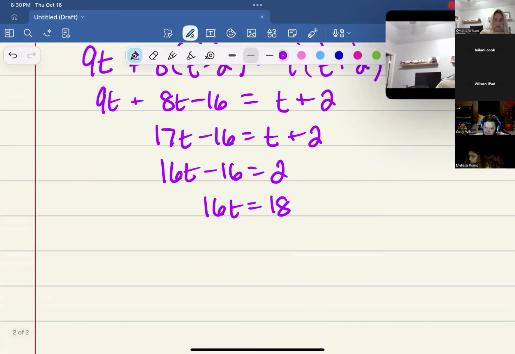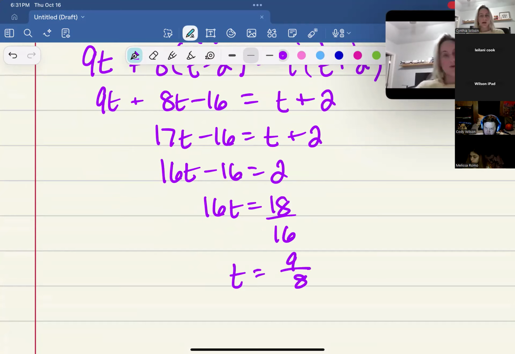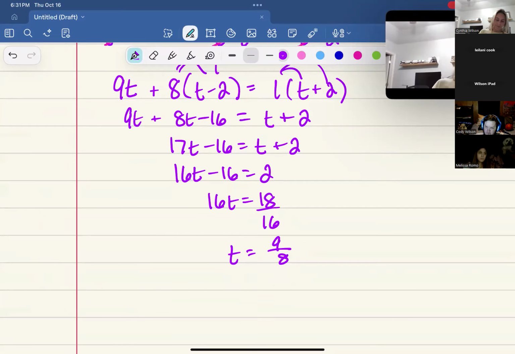And then divide by 16. It should be 9 over 8, at least on mine it is. Remember, you guys all get different problems, but yeah, this one's 9 over 8.